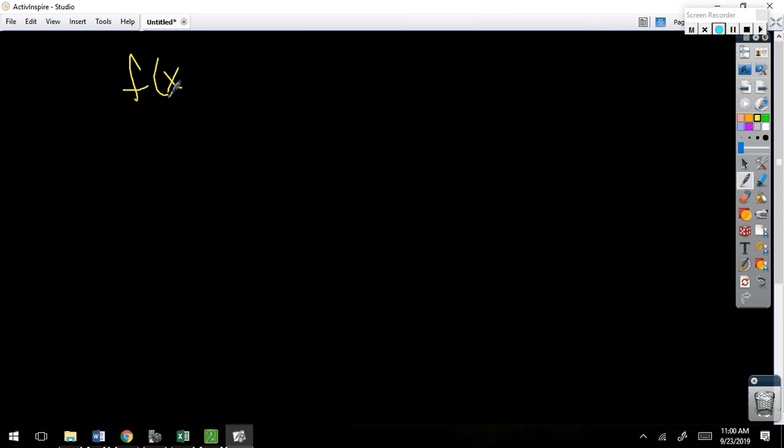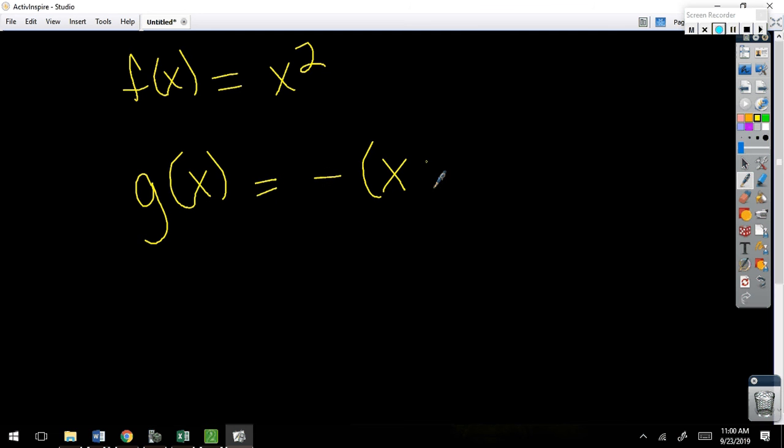If my parent graph is this, it's a parabola. Describe the transformations that are happening to my parent graph to get from f to g. I've got lots of stuff happening here. It's a reflection.